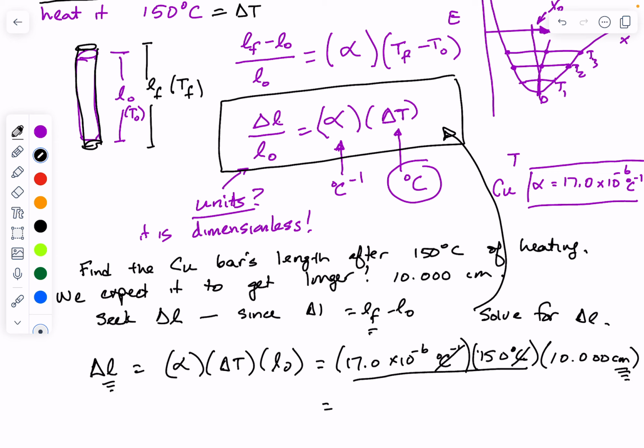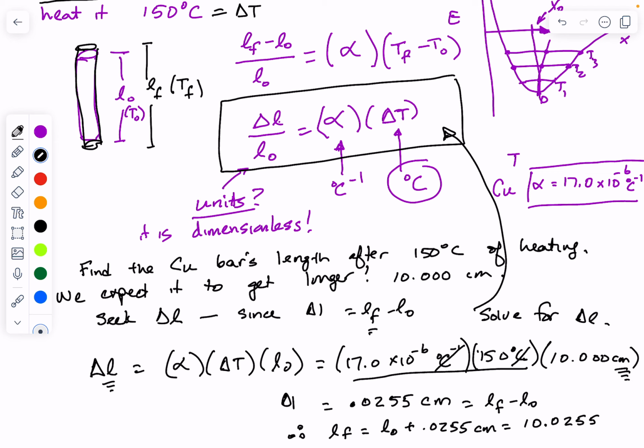When we run this multiplication through, we get 0.0255 centimeters. That's our delta L. Remember, delta L is equal to LF minus L naught. So therefore, LF is going to equal L naught plus 0.0255 centimeters, which is going to equal 10.0255 centimeters.